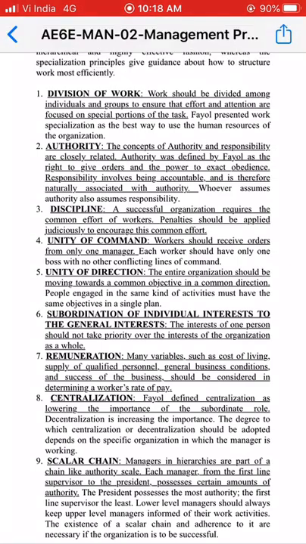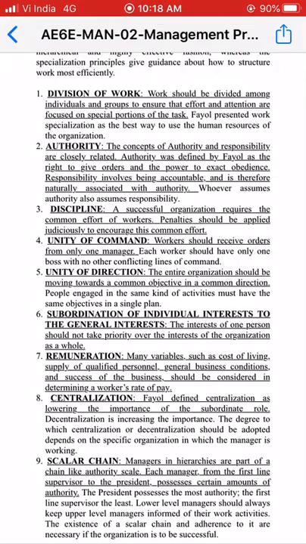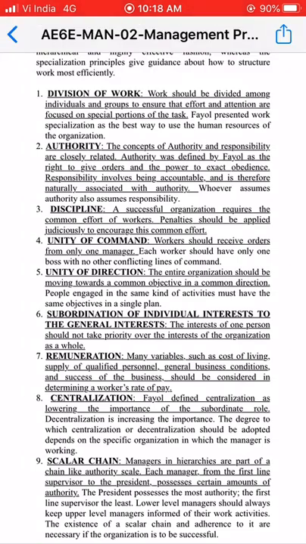If there are 2 to 3 commanding officers, then there will be some confusion. So there must be only one boss or one manager who will coordinate with all employees. If 10 to 12 managers are there, then there should be one boss to coordinate with all managers. Okay, this is about unity of command.